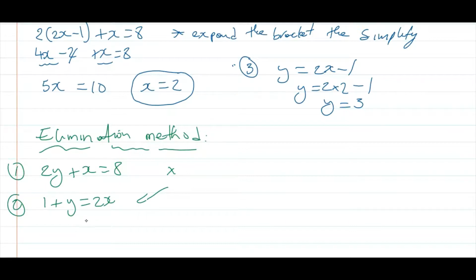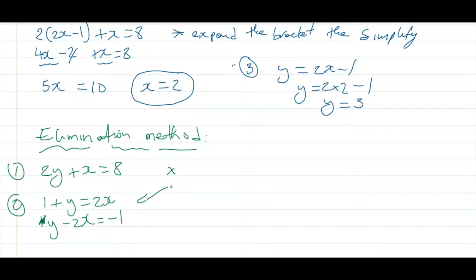So we're going to rearrange equation 2 to look like this. Forgive me, my pen is not writing properly. So it's going to be y minus 2x equals negative 1, or whichever other format you like.